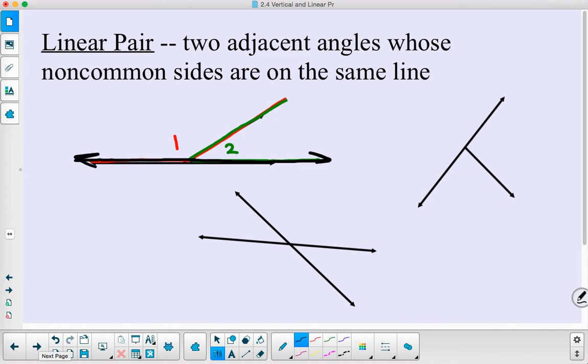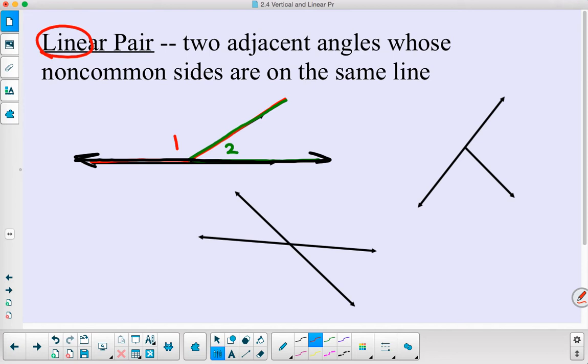Those make a straight line. They're on the same line. That's what makes these 2 angles called a linear pair. The name of the angles, linear, notice line is in there, so that should be a reminder to you what a linear pair is. Together they make a line.